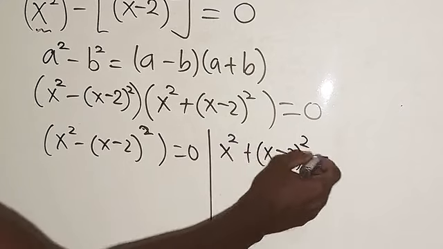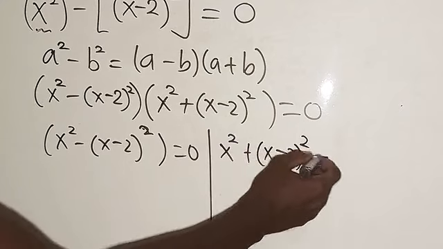So this gives us this. Are you following? Now from there, you can see that x squared minus the inside of the bracket can give us x squared minus 2x plus 4, then equal 0.